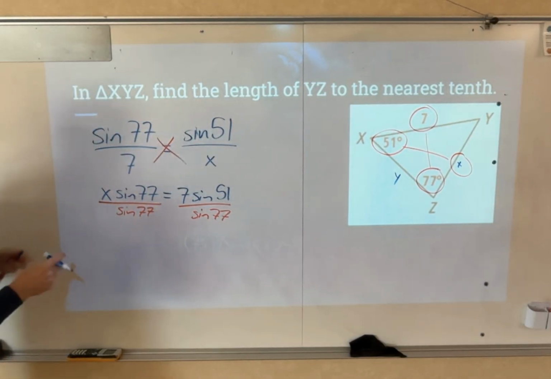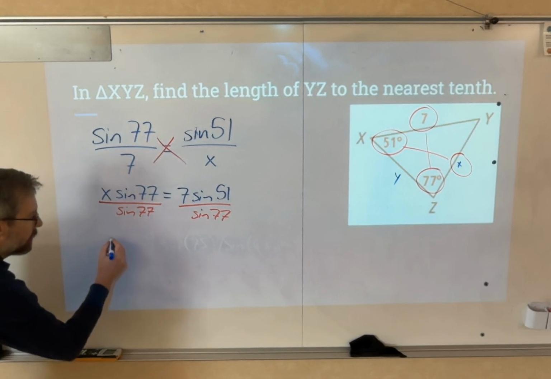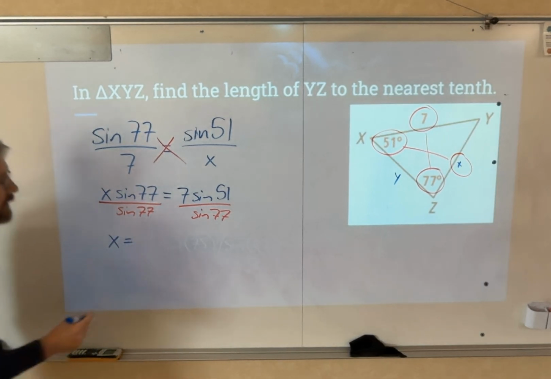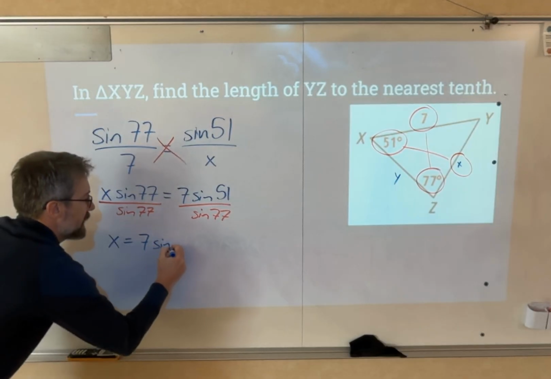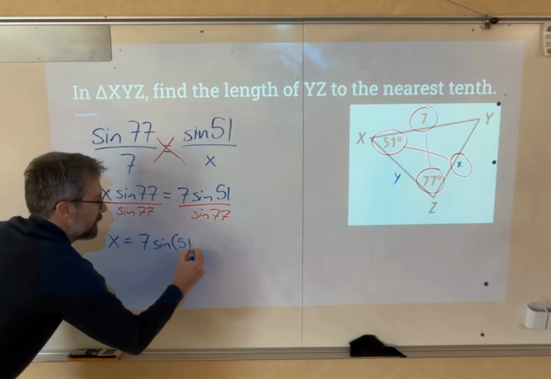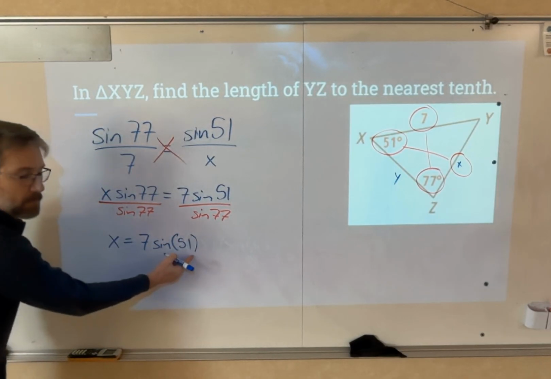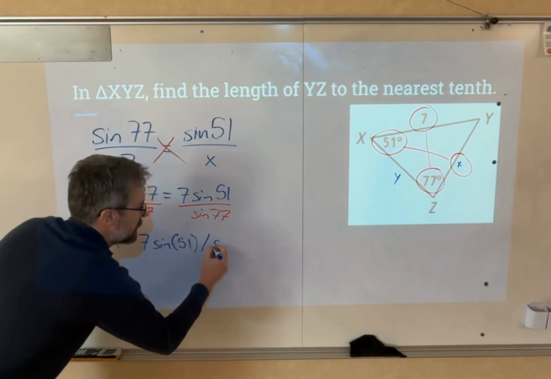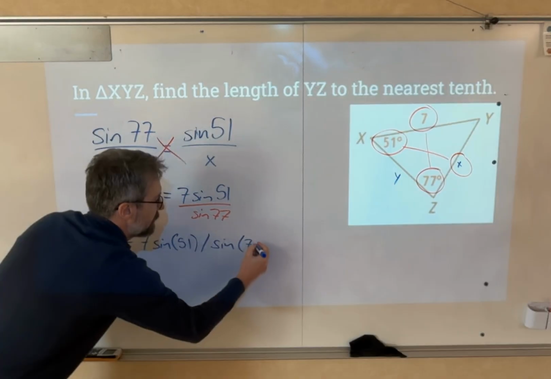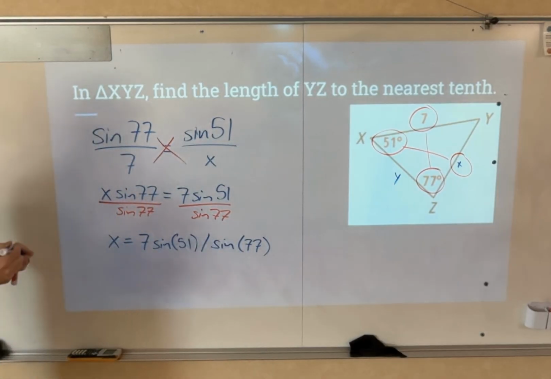I'm going to rewrite this exactly how it will look in a TI-84 or 83 calculator. It would be the top part, 7 sine parenthesis 51. Really important that we put the end parenthesis on this before the division, and then sine 77 in parentheses like that.